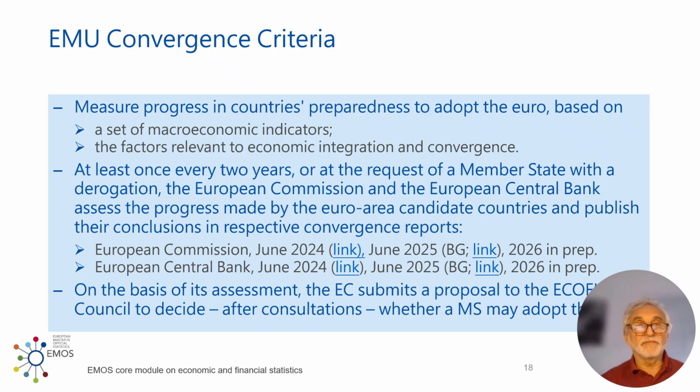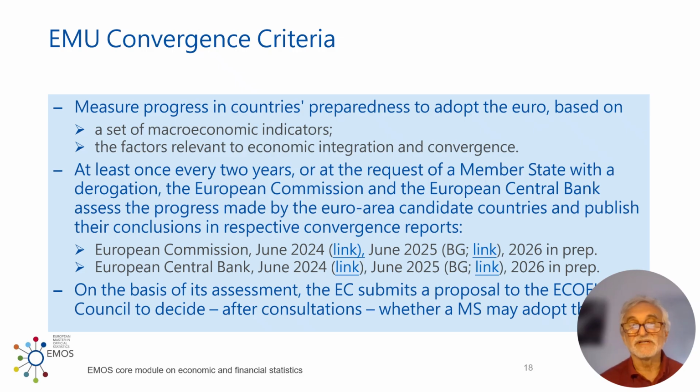Now, the Economic and Monetary Union convergence criteria, as I mentioned, are the criteria that are measuring whether a country is able to enter into monetary union. So it measures the progress of the countries in the preparedness to adopt the euro, based on a set of macroeconomic indicators and then a few other relevant factors, but basically what's relevant for us now are the macroeconomic indicators.